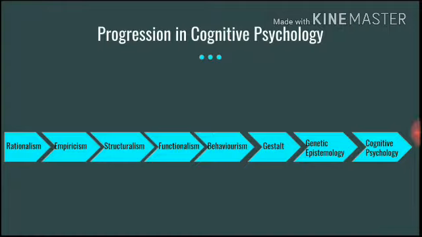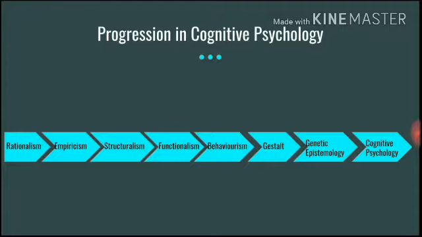And all of us know about the Gestalt principles that help us understand how we tend to organize and categorize information, how we tend to store information, and how we tend to perceive the information that is provided to us, and how that is very subjective in nature, because the way one person perceives certain information might not be the same manner in which the second person perceives it. So yes, Gestalt psychology also contributed towards the foundation of cognitive psychology.